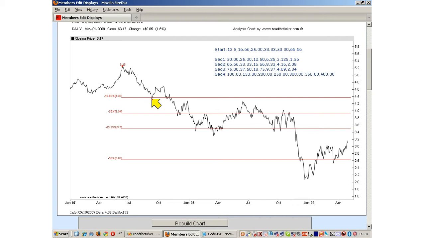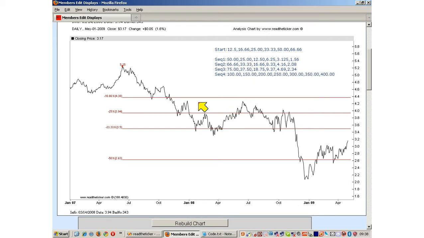For example, you might get confirmation on this point here from a Gann angle, a turn up in the Hurst cycle, some Wyckoff analysis, fundamentals, or another Gann percentage. Another important point to note: if price does turn on a percentage level of 16, the 25, the 33, you'd have to think about the relationship to its sequence.